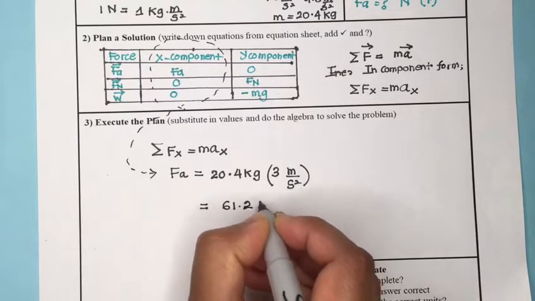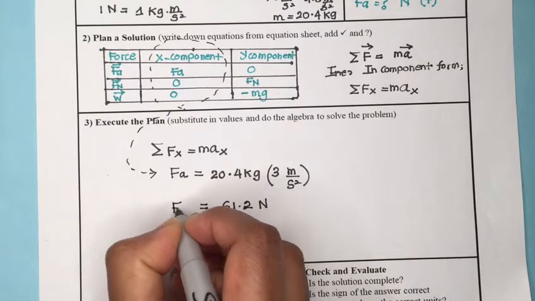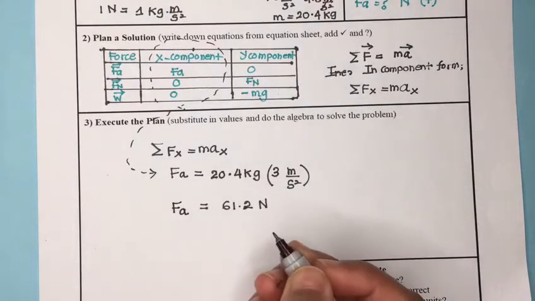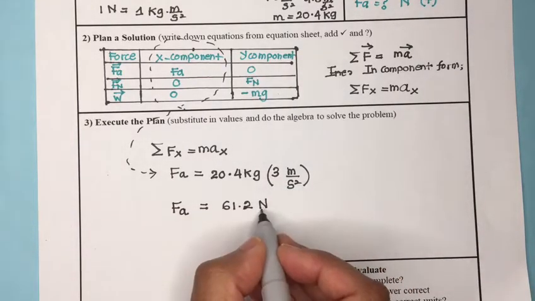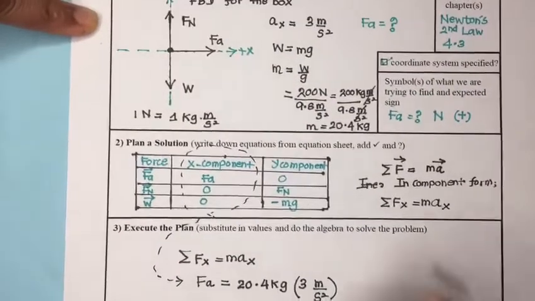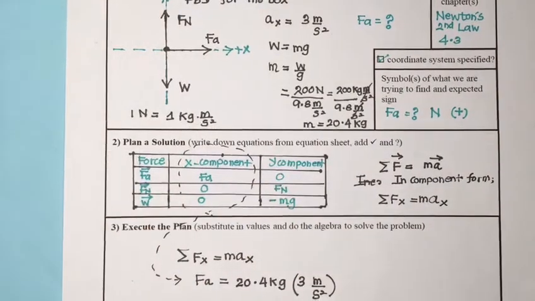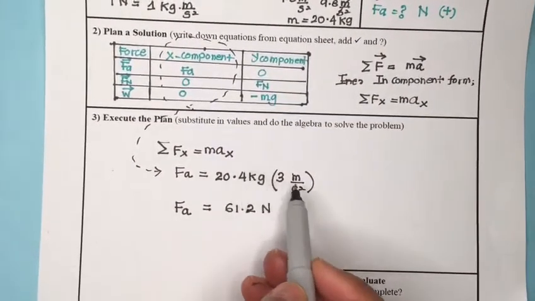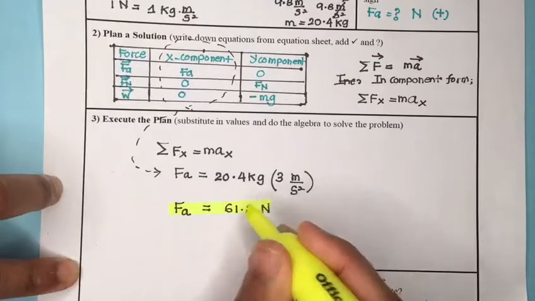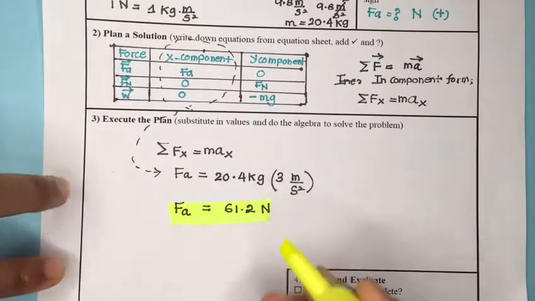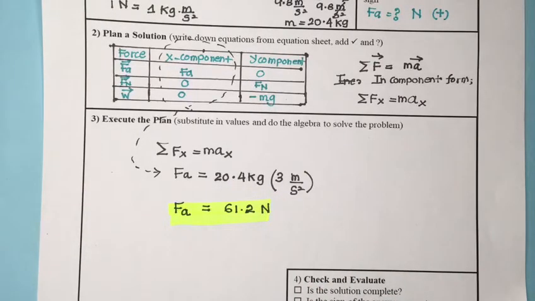Again, the unit is newtons because kilogram meters per second squared is the SI base unit of newtons. So the applied force is 61.2 newtons.